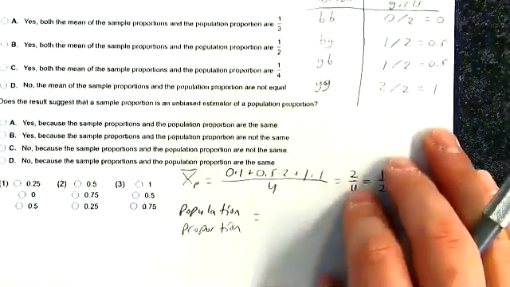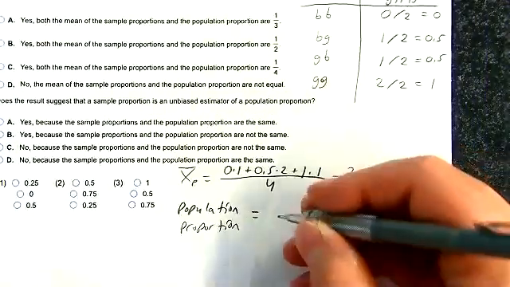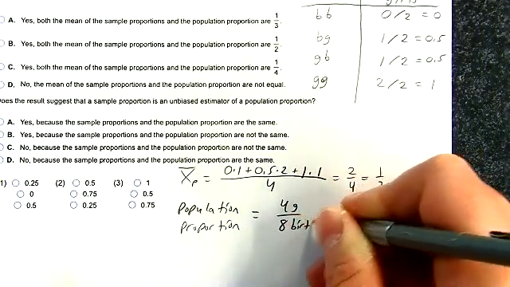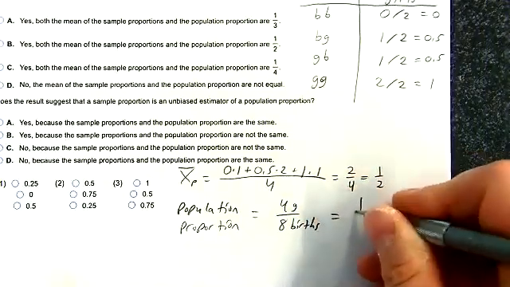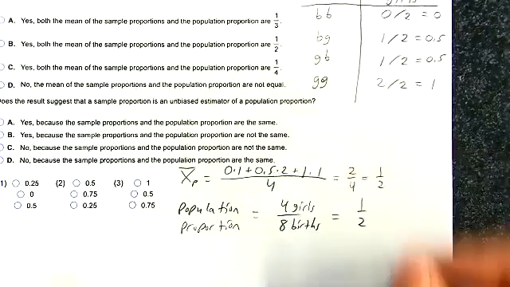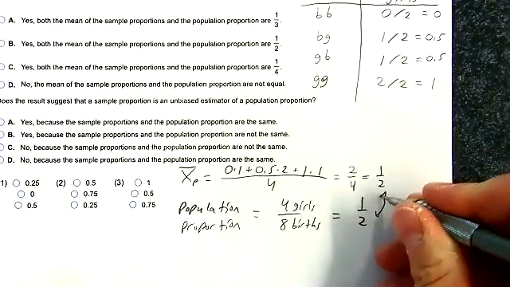So the proportion of girls in the population was, there were 4 girls out of 8 births, which is 1/2. And we see again that these are the same.